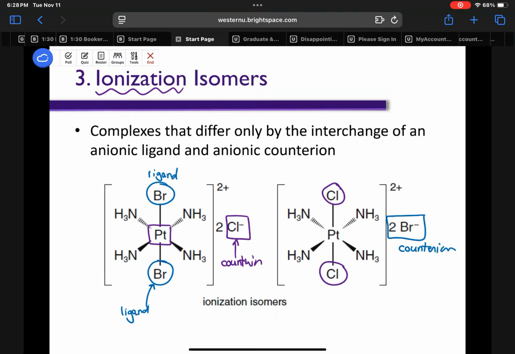The counter ion has swapped for a ligand, so these are ionization isomers. The counter ion has swapped. And this would be considered a pair of ionization isomers. Okay, so those are 3 isomers to get us started today.